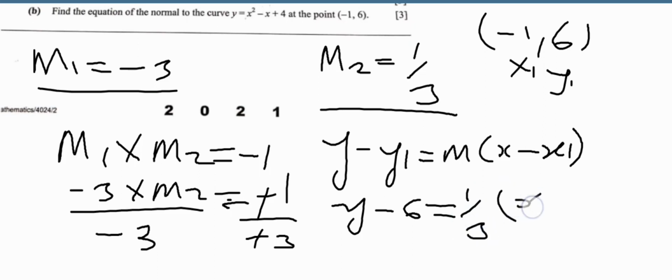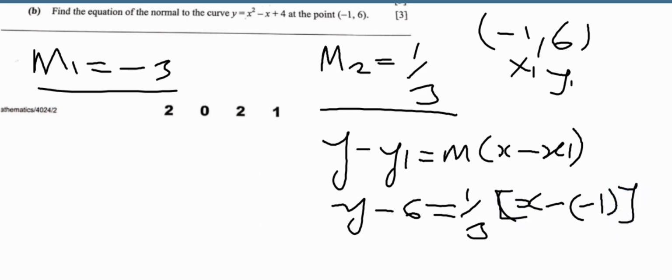Then open bracket, x we don't have, minus x1. x1, it is negative 1, which means here I'm going to say a negative, which is in the formula, and also I'm going to open the bracket and then put the value of x, which is the negative 1 in this case here.